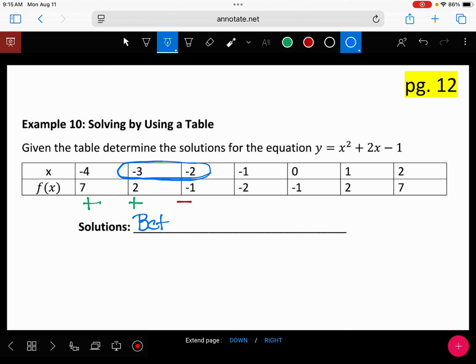All right, who had that? I don't know what it is. I just know it's between negative 3 and negative 2. All right, so now let's keep going. Negative 2 is still negative. Okay, and now it became positive again. So my second solution is going to fall between 0 and 1.